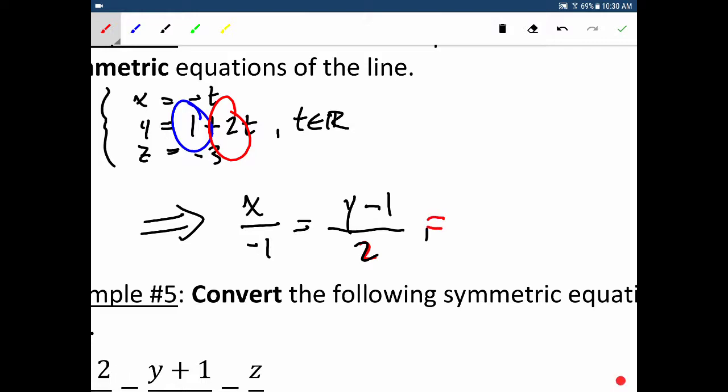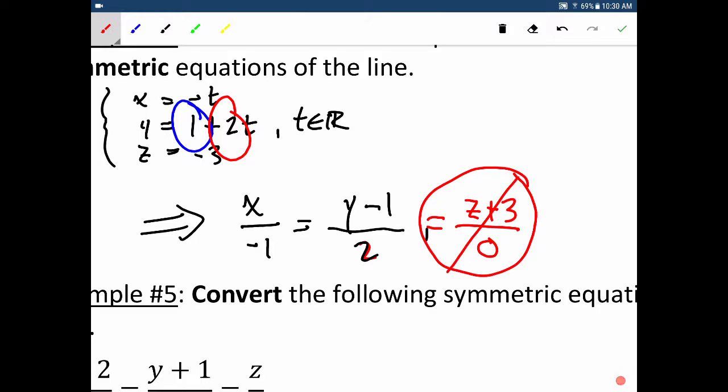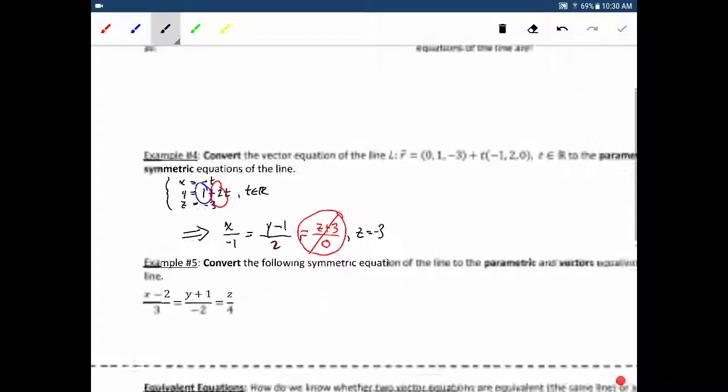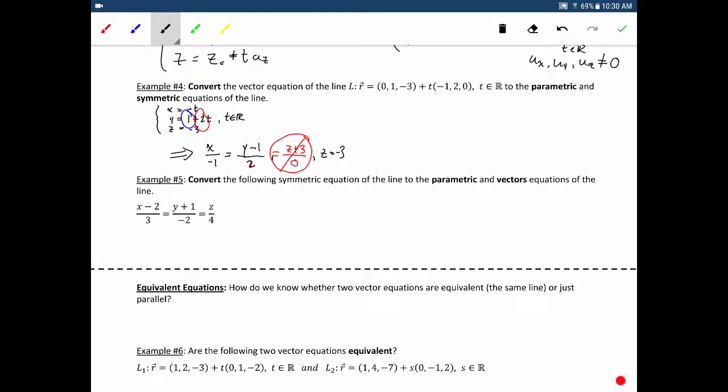As soon as you have that, you just leave that part out, and include the information we have about z, which is that z just equals negative 3. It will always be like this. If you have a divide by 0 problem, it's just going to be that z is equal to a constant.